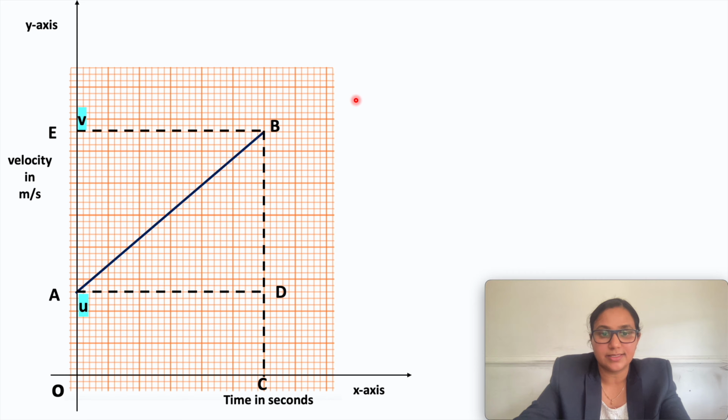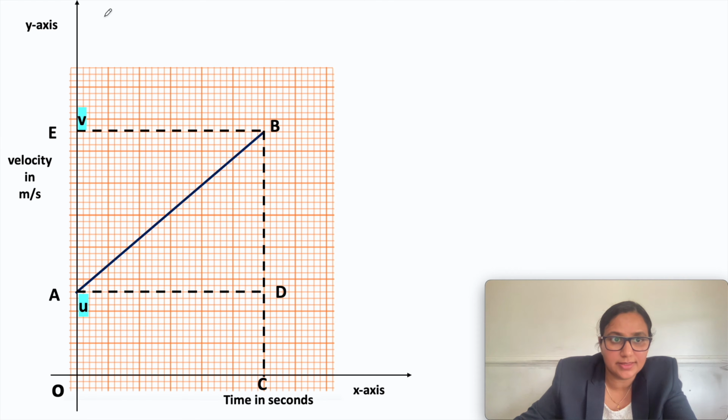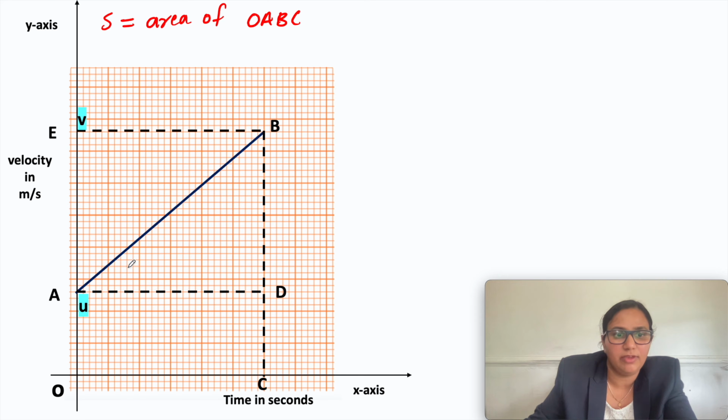We have discussed in the velocity-time graph that the distance travelled by the object is equal to the area enclosed within OABC. Thus, the distance s is given by the area of OABC. We have learned that this is the shape of a trapezium, or area of rectangle plus area of triangle.